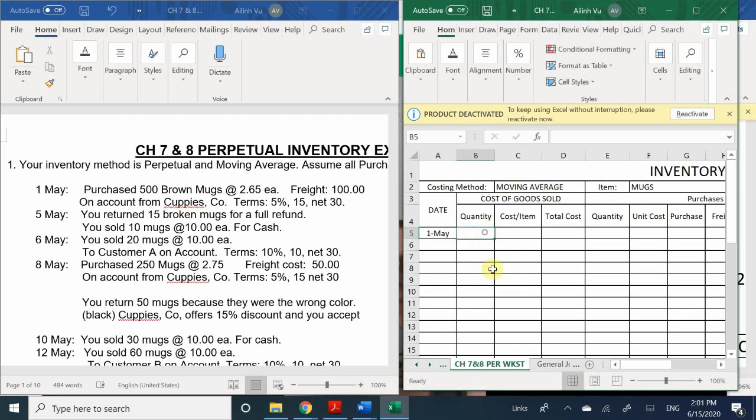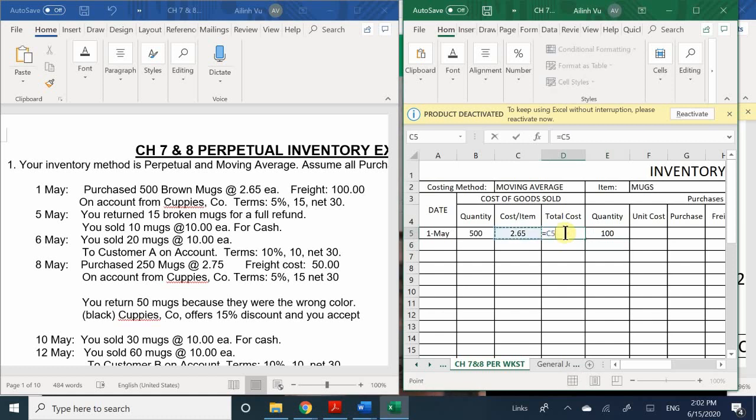Yes. I bought how many items? 500 mugs at $265 each, and my freight $100. Okay. Now with Excel, what you can do is you can go ahead and easily enter the formula in here.